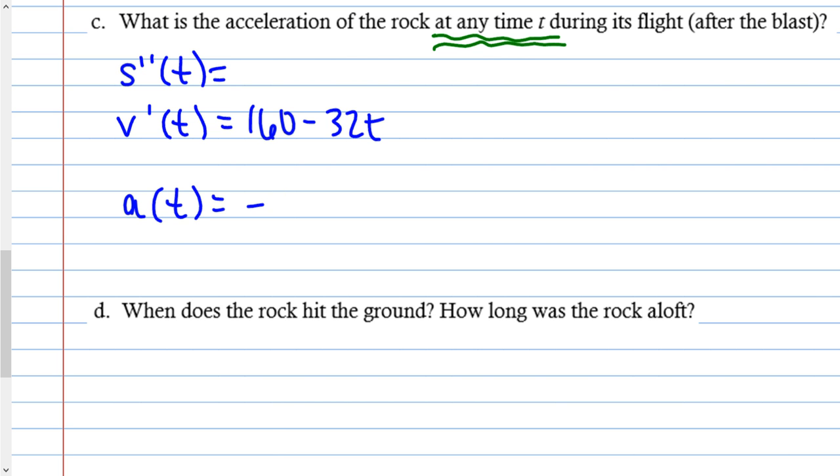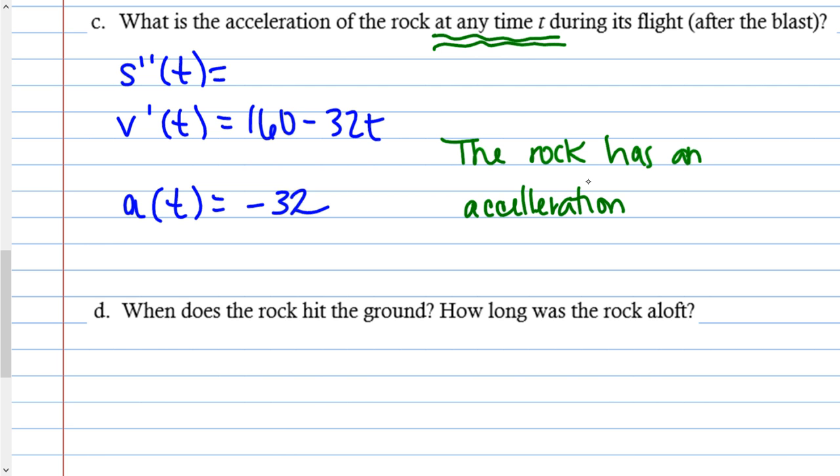If I derive this, I just get negative 32. So it's not even a function, it's already a number. So my answer is the rock has an acceleration of negative 32 feet per second squared.